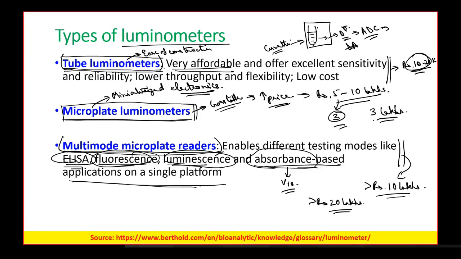Okay, so if you see the price difference, these tube illuminators, if you try to get them at a commercial level, would be approximately 1 lakh to 3 lakhs, where in the first case you are analyzing only one sample.